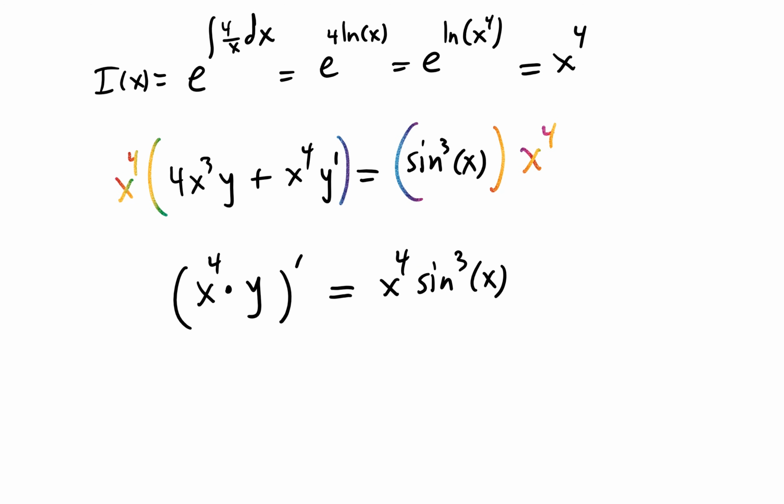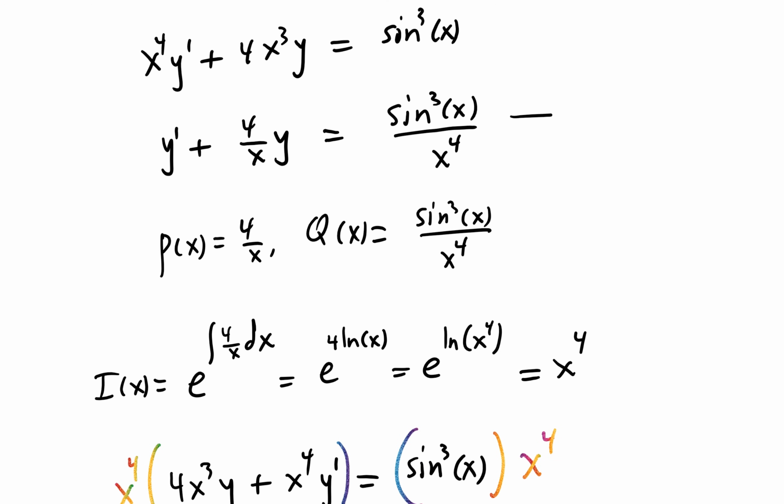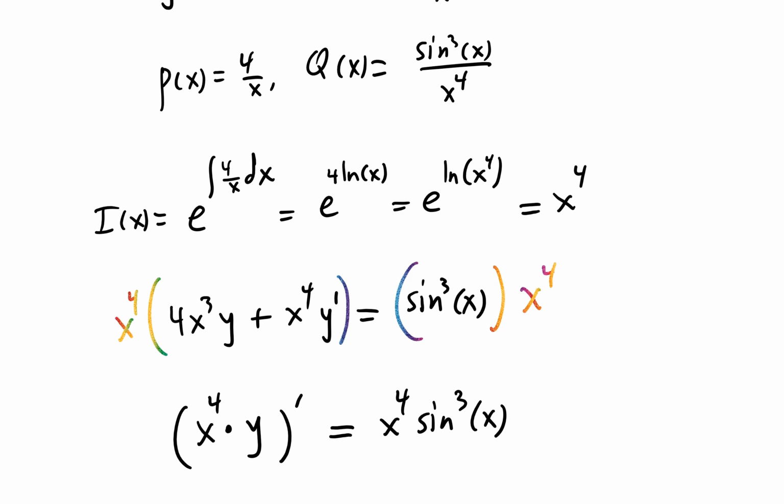We integrate both sides. The integral will drop the derivative on the left side. If you go back up, this is the equation. When we multiply by x to the fourth, we do it after we do the division.